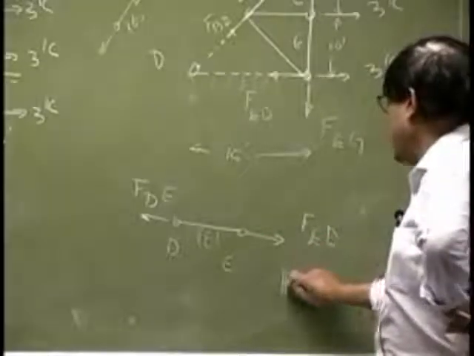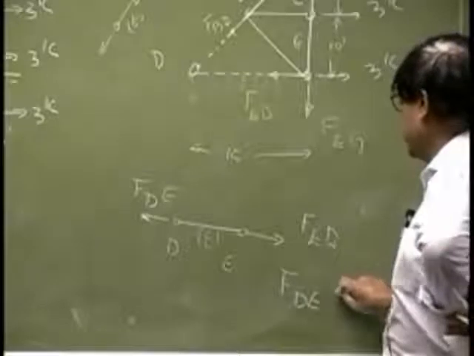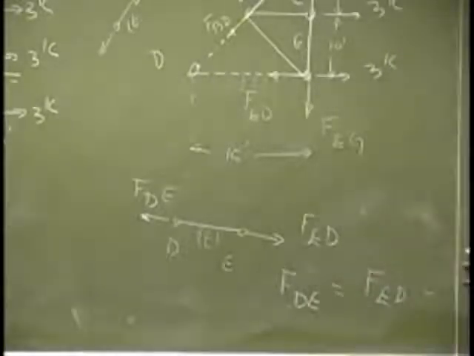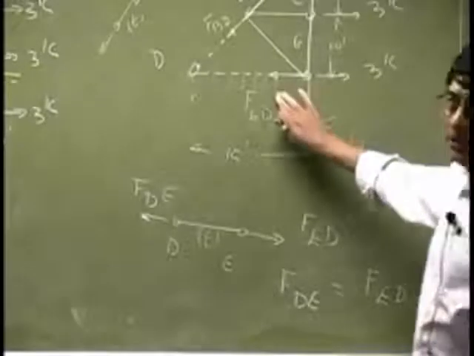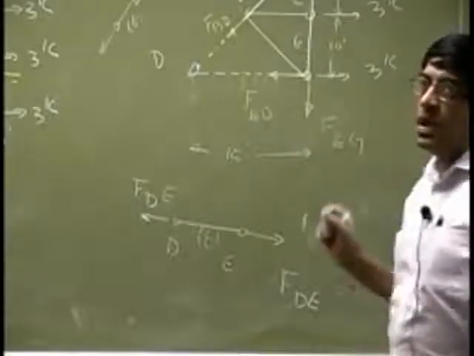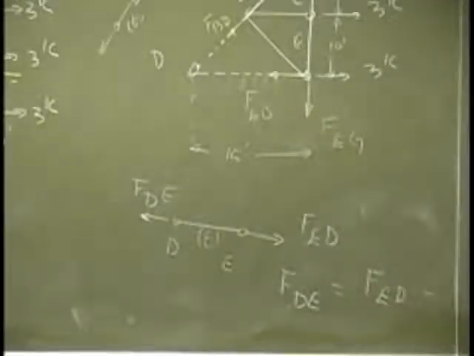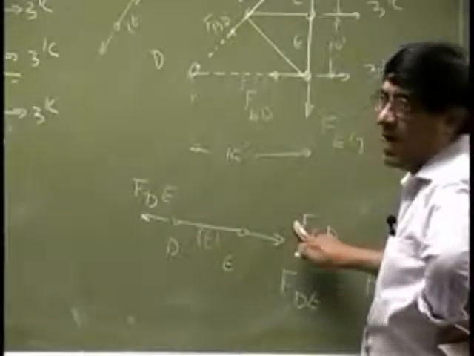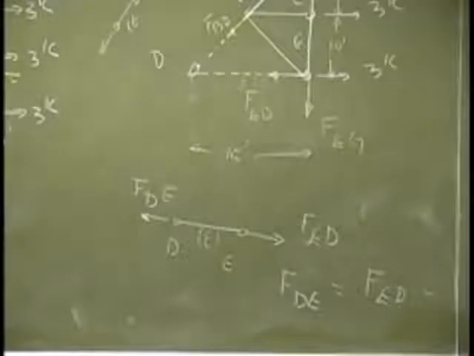So your FDE is the same thing as FED. So that's why I don't make any distinction between which one I'm going to write first. I could write this as FED, or I could write this as FDE. It still counts as the force in member DE. And the reason behind that is simple, that these two end forces have to have an equal magnitude.